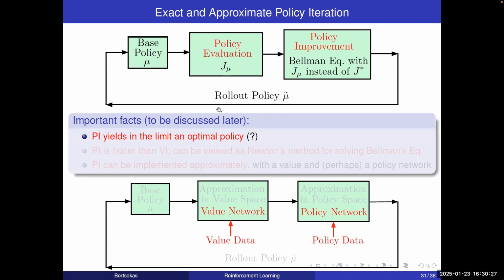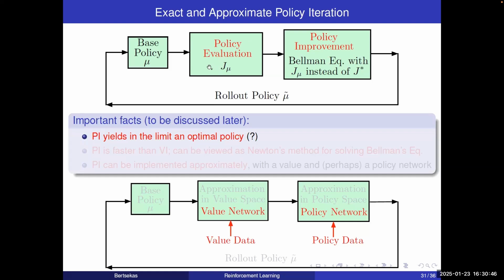And we do this calculation for all states. Through this process, we get a new policy, which is a rollout policy. Then we treat this rollout policy as the base policy and repeat this process.